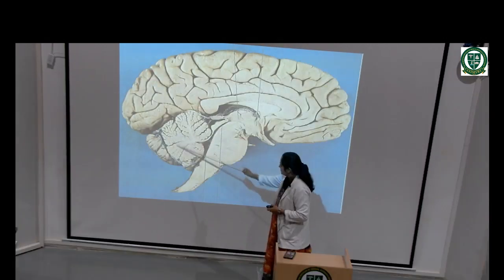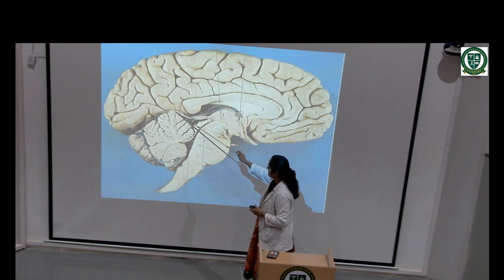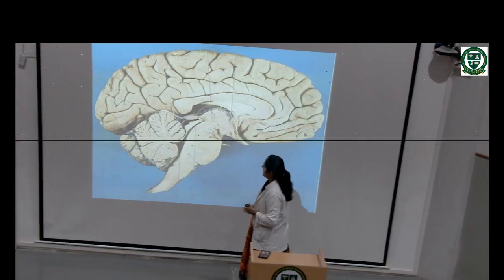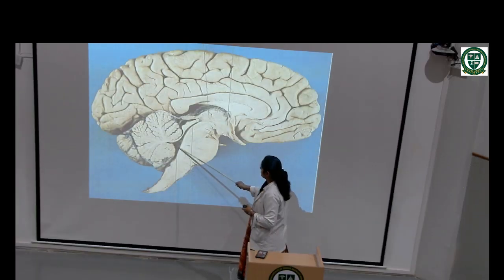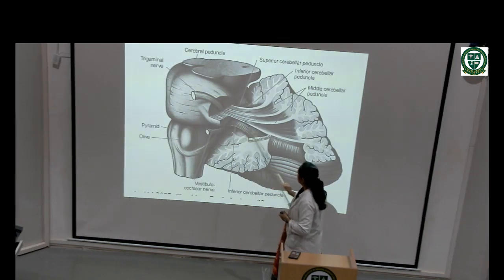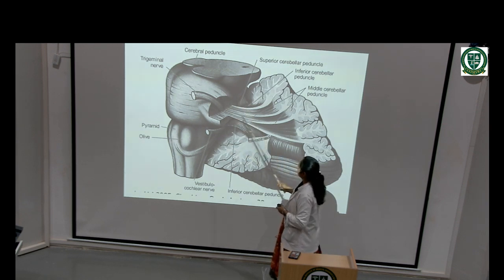Here will lie your tentorium cerebelli, separating it from the cerebrum, and between the two cerebellar hemispheres you will have the falx cerebelli. This is the fourth ventricle, this is the midbrain, this is the pons and this is the medulla oblongata. These are the tracts communicating different parts of the brainstem to the cerebellum.